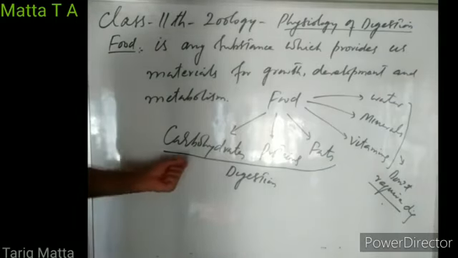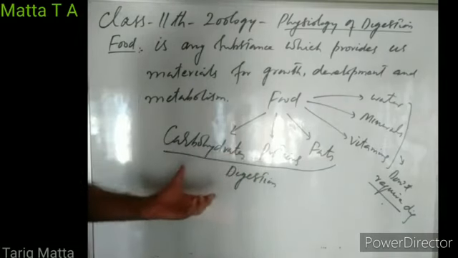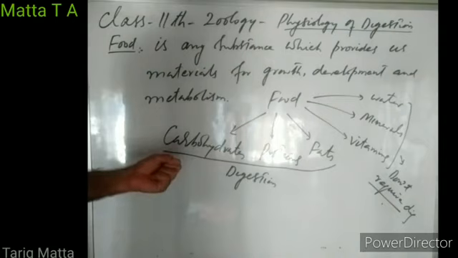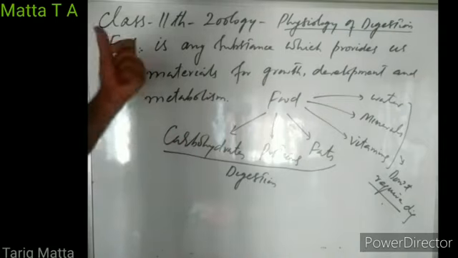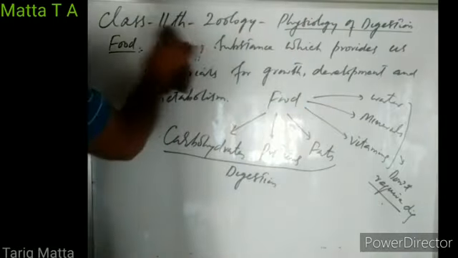So we will see how these carbohydrates, proteins, and fats are digested in our alimentary canal. Let us begin with the digestion of carbohydrates first, right?